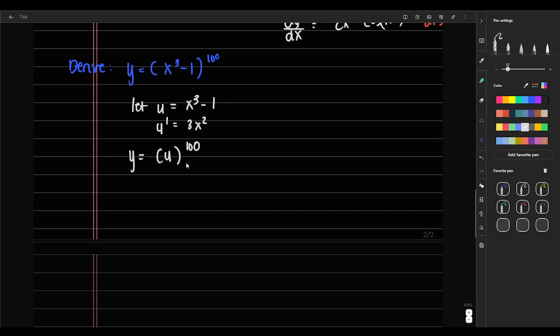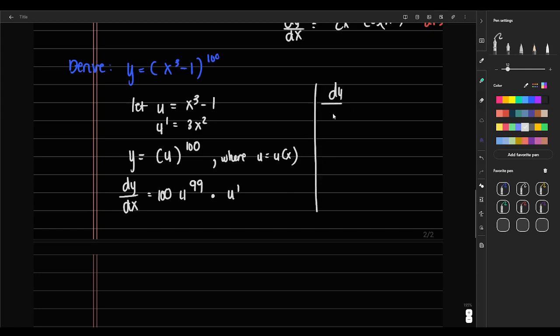So your y prime, or your dy over dx, where u is a function of x, would be 100 times u raised to the power of 99, as per the power rule, then multiplied by u prime, or du over dx.